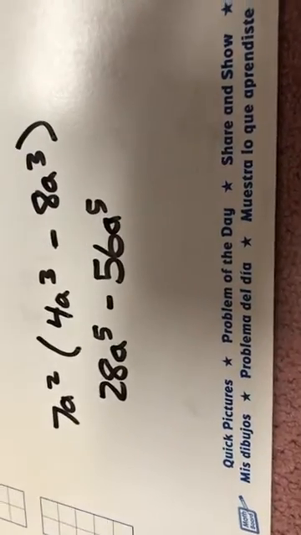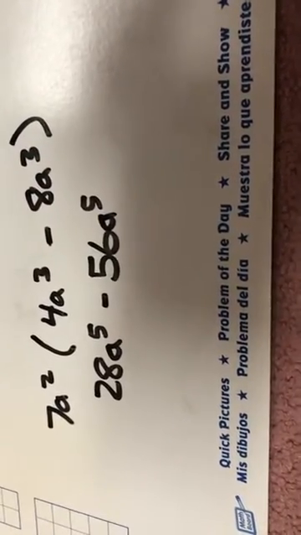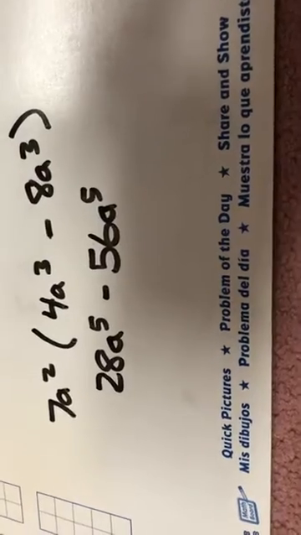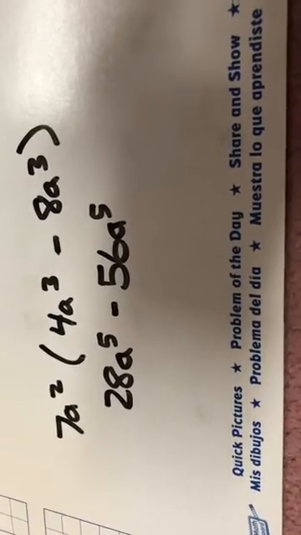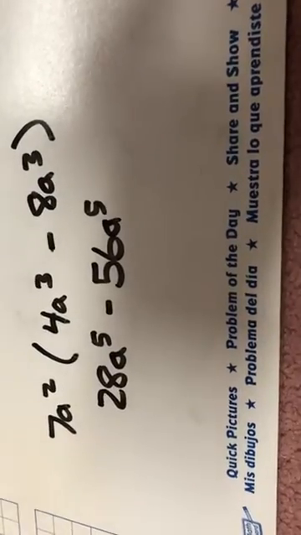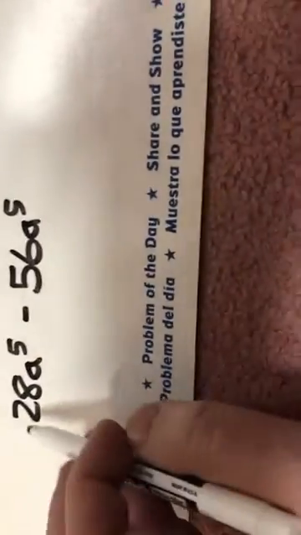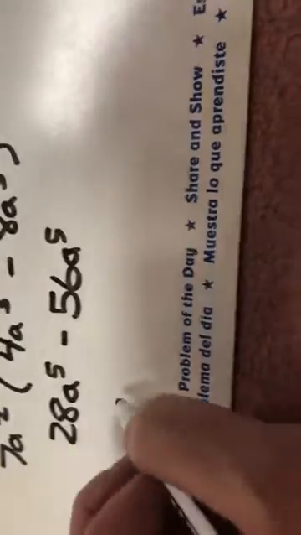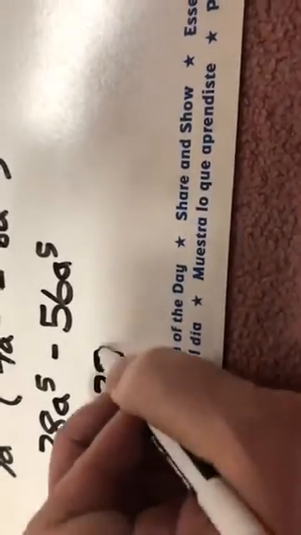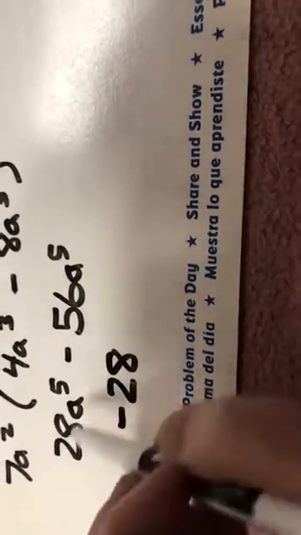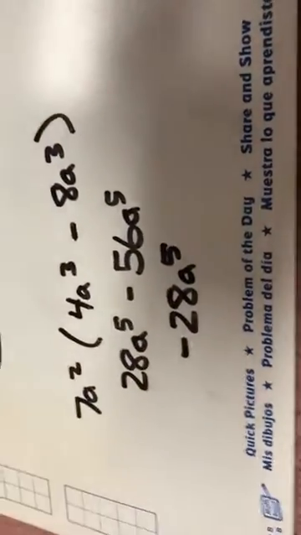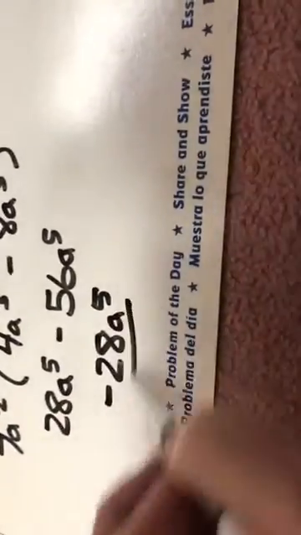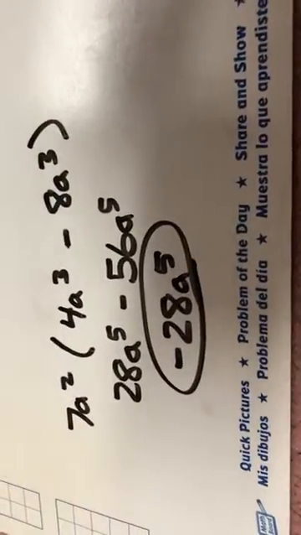But as 8th graders, we should look at that and realize that those are like terms. 28a to the power of 5 minus 56a to the power of 5 can be simplified. So it's simply 28 minus 56, which equals negative 28. And then a to the power of 5. And that is the answer that we want to have.